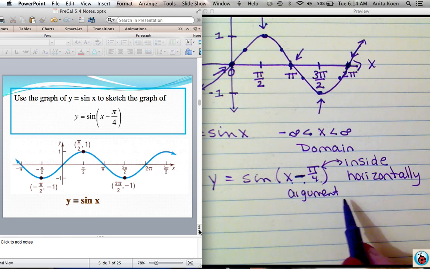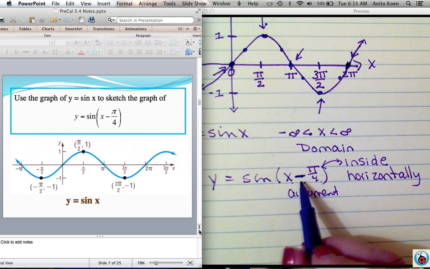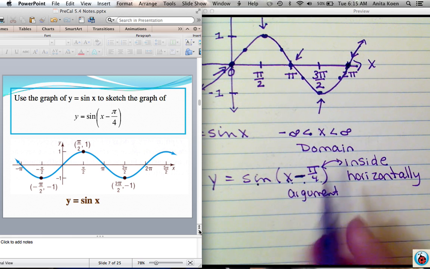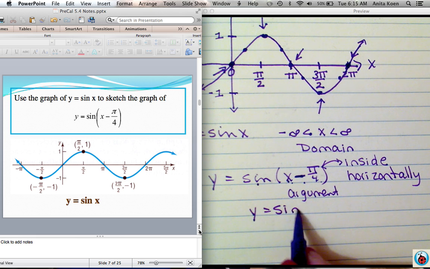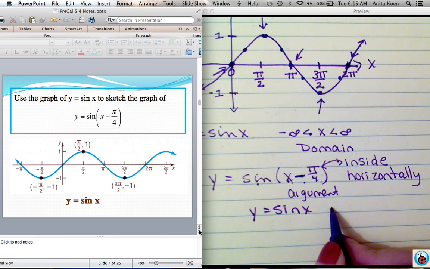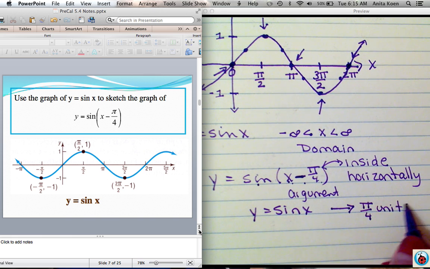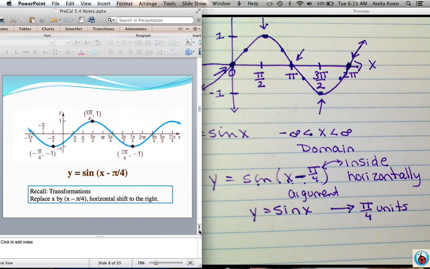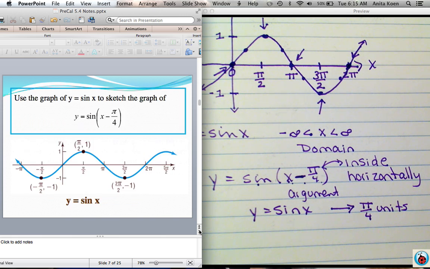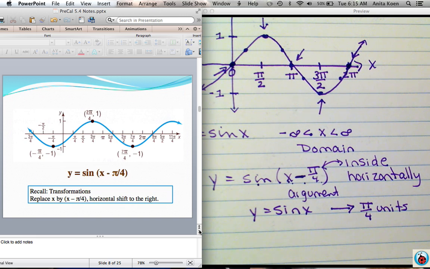Because it's x minus pi over 4, what we're going to be doing with this graph is graphing y equals the sine of x, and we're going to then shift it to the right pi over 4 units. Okay, it's x minus pi over 4, so it shifts to the right. So we've got here on our slide y equals the sine of x, and then we're going to shift it. Notice everything shifts. Look at 0, 0 and how it shifts over to pi over 4.